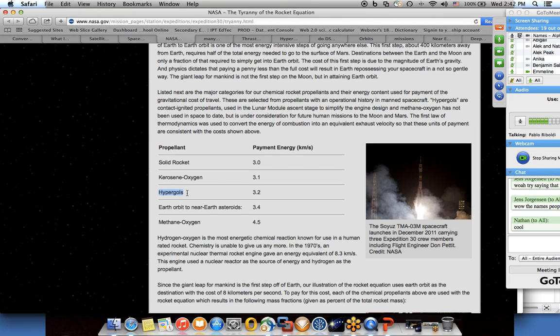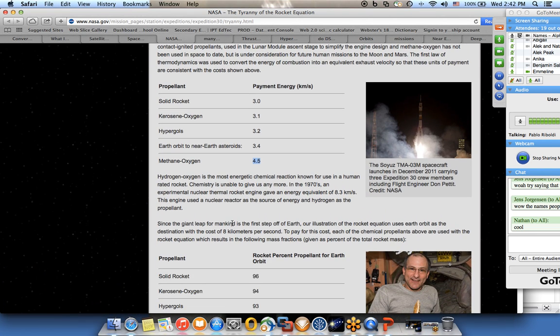And you also can study more on that. Methane oxygen gives you a propulsion of 4.5 kilometers per second. Okay, and so the one that has the most punch basically is hydrogen oxygen.